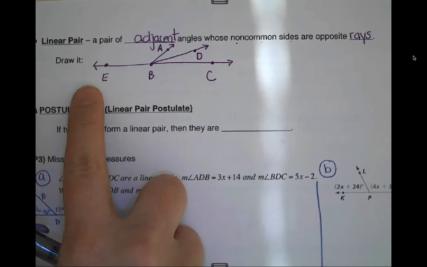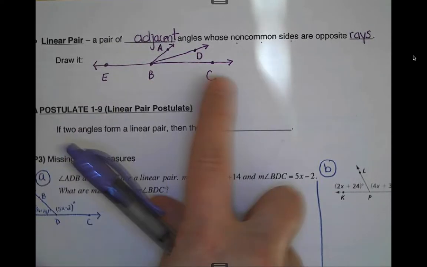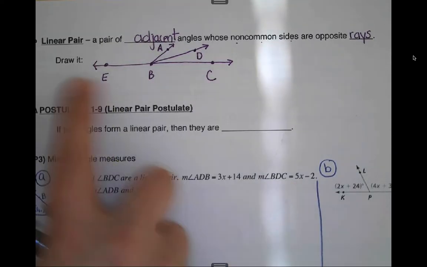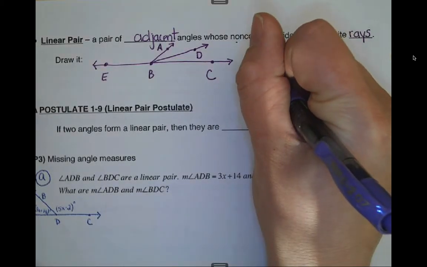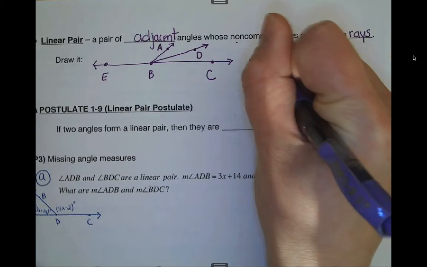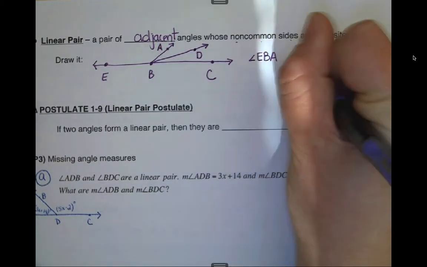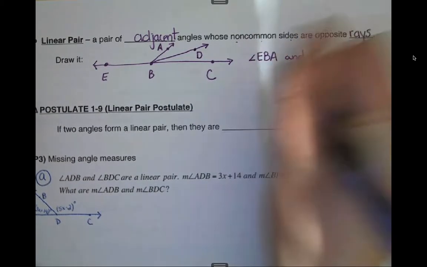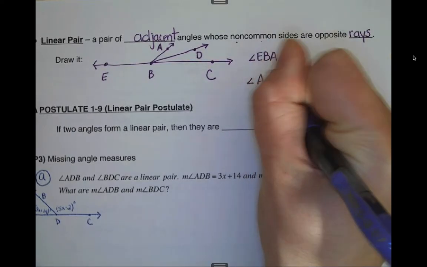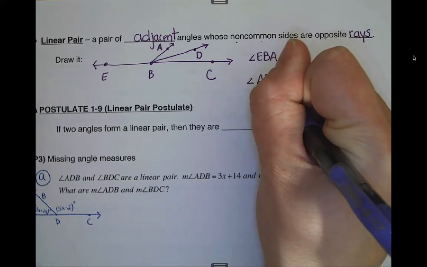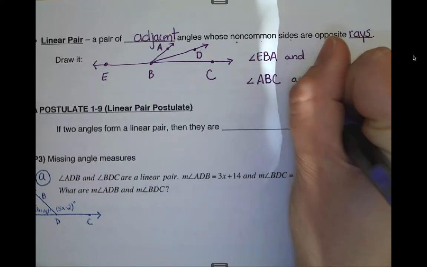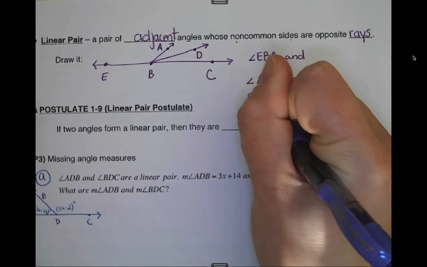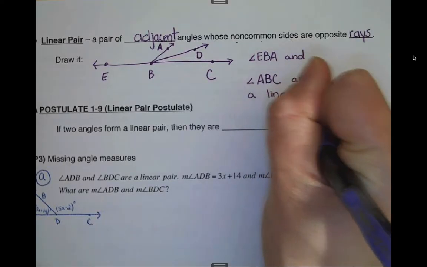Ray BE and ray BC are opposite rays. They form a line. And an example of a linear pair in this picture is angle EBA and angle ABC are a linear pair.